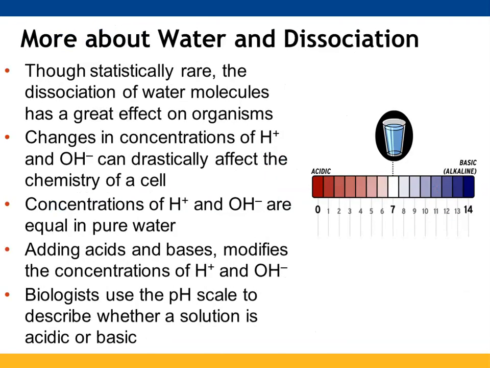So, as I said before, the amount of dissociation that you have for water is going to be pretty small. But because that dissociation factor is going to cause, if you have a shift, it's going to change your solution from being neutral to acidic or basic, it can have a pretty significant impact on your cell's chemistry. So in pure water, you have equal amounts of hydrogen and hydroxide.